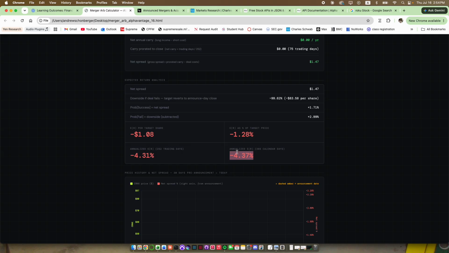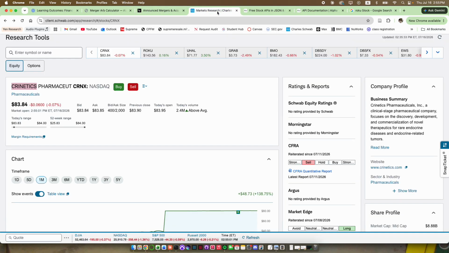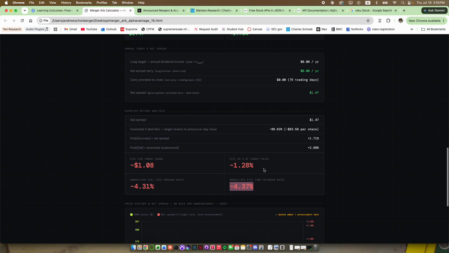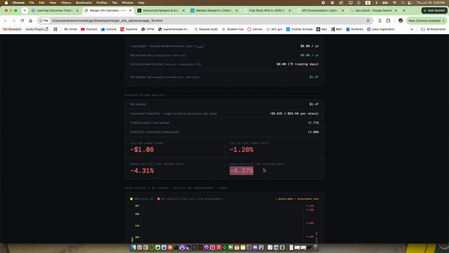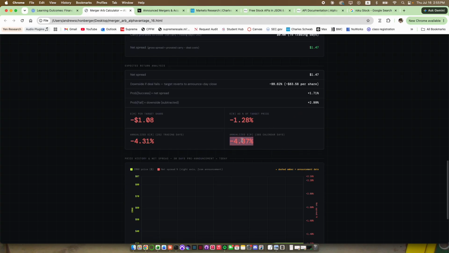So just by running the numbers, you might think that purchasing it today at $83 is a good deal because you'll get paid $85 in a couple months. But based on the actual carry and ownership of the stock, and because there is a probability of failure, your expected return could be negative.